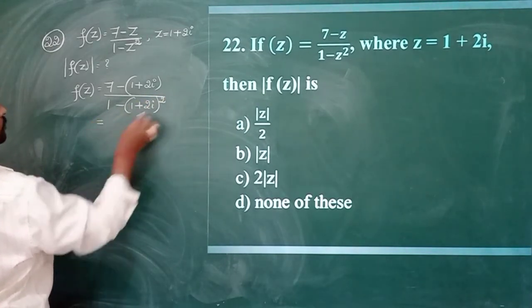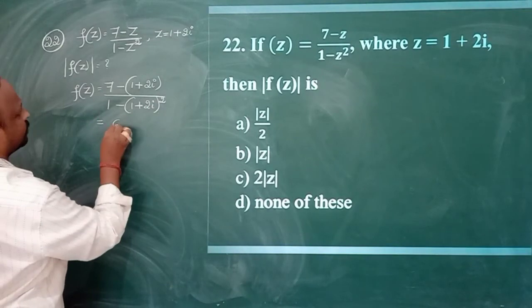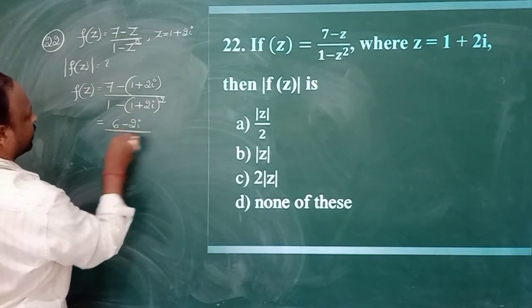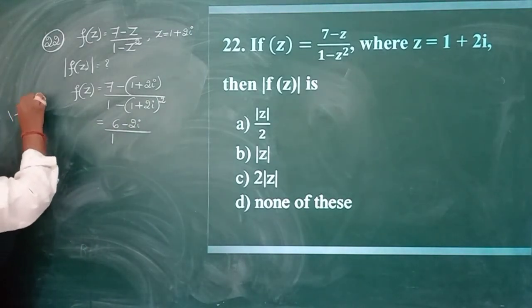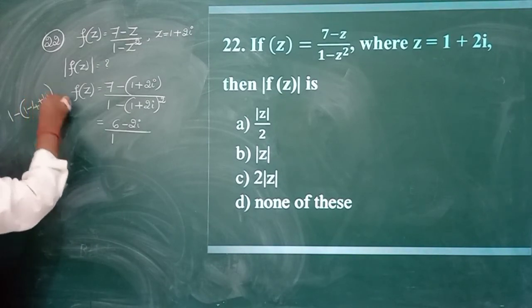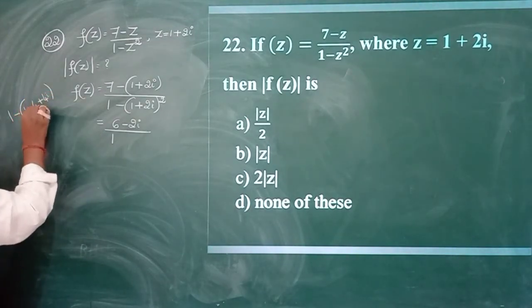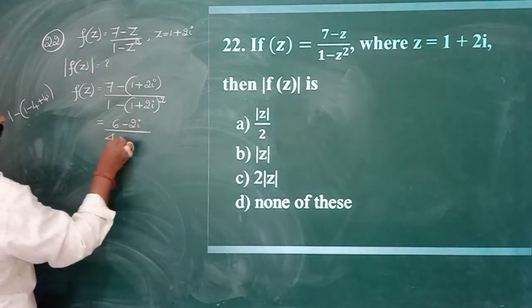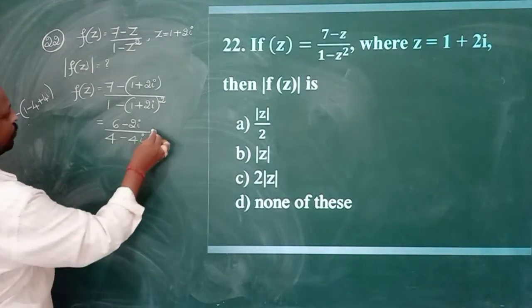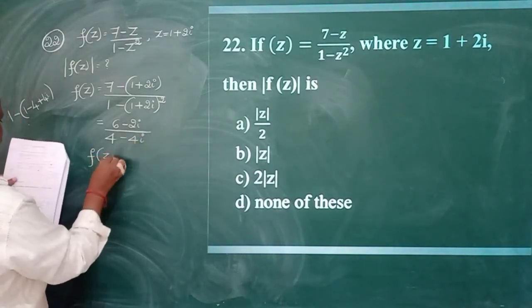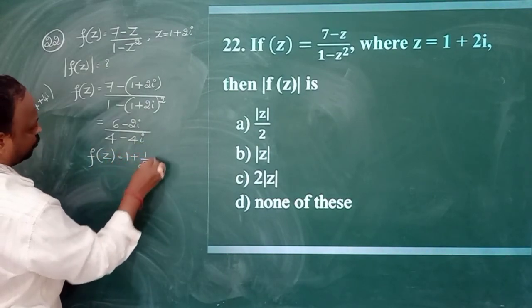To simplify this, that is 6 minus 2i divided by, I will simplify this one, 1 minus 4 plus 4i. So denominator 1 plus 2i whole square is nothing but 1 minus 4 plus 4i minus, that is plus 3, 4 minus 4i. You rationalize this, f of z you will get 1 plus 1 by 2i.